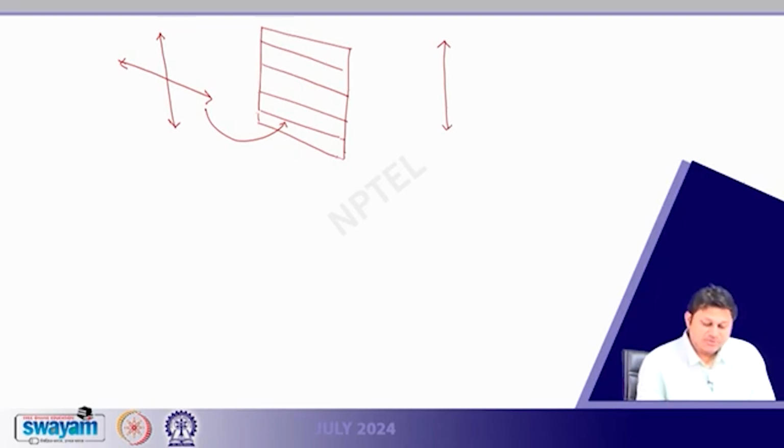The vertical component, which is not utilized much while passing through the system, will remain unchanged, and we will get this kind of polarization at the output.